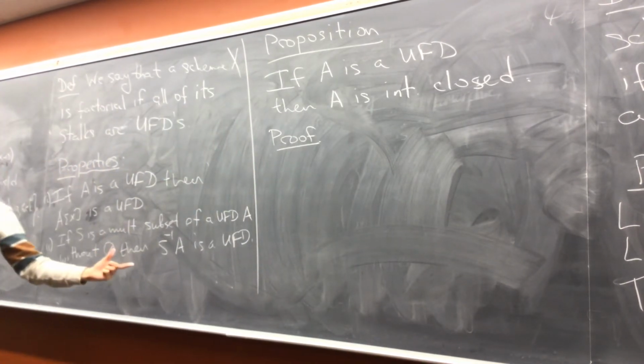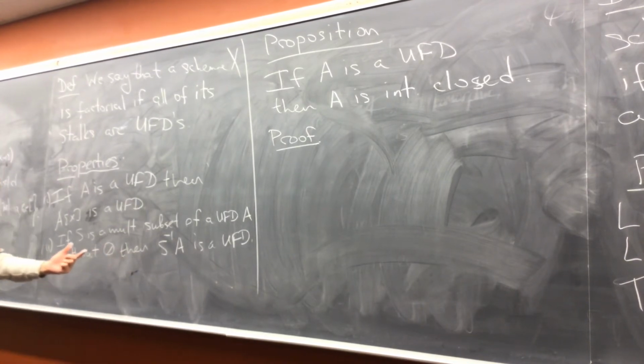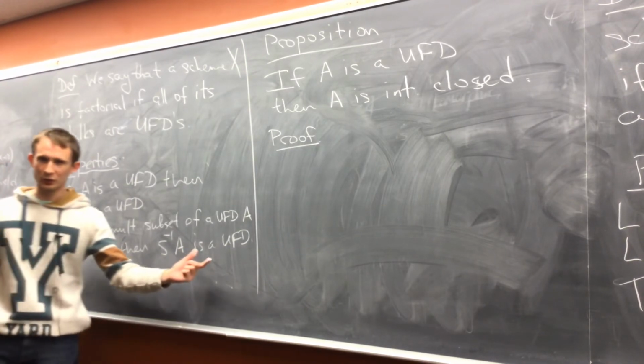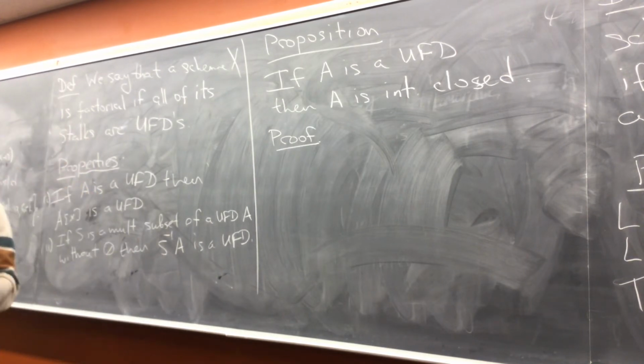Okay? It's the same thing that we had for integrally closed, right? So any non-zero localization of a UFD ends up to be a UFD. And so with this fact we immediately see that if A is a UFD, then Spec A is factorial.